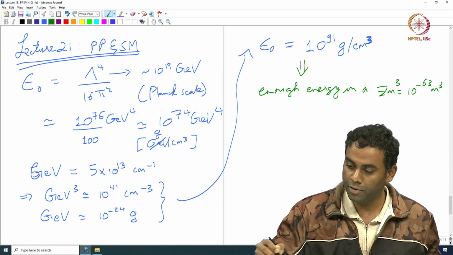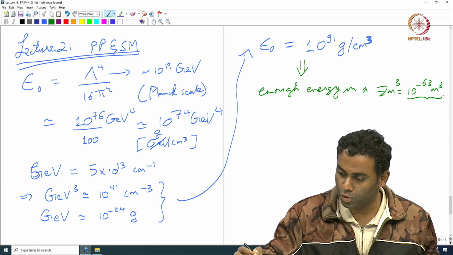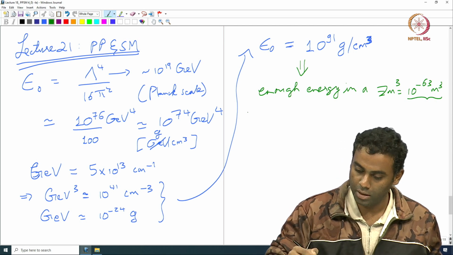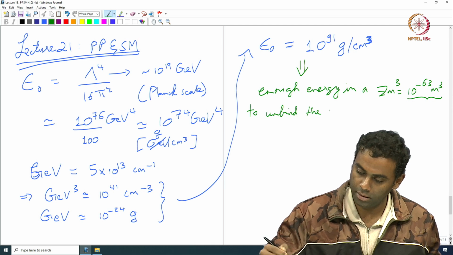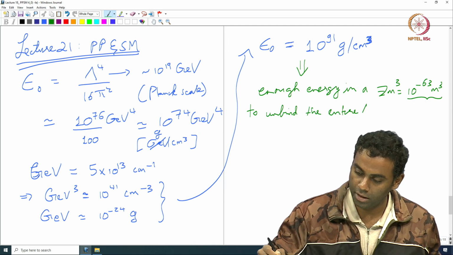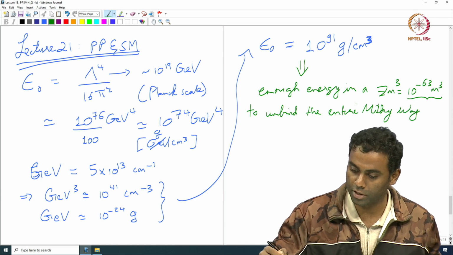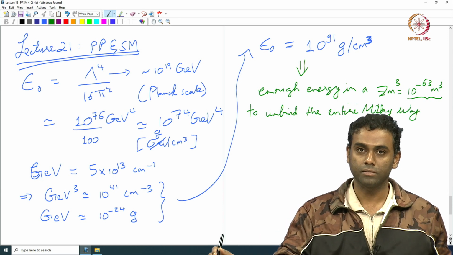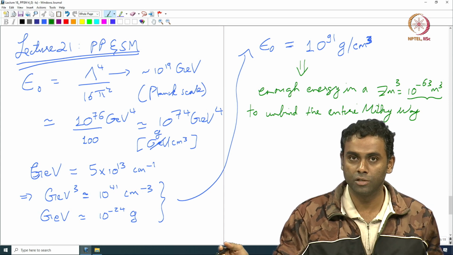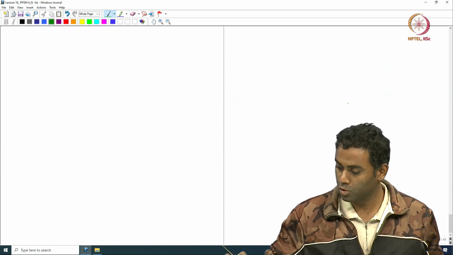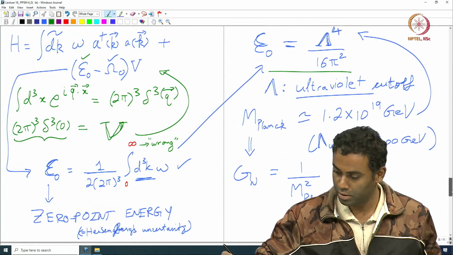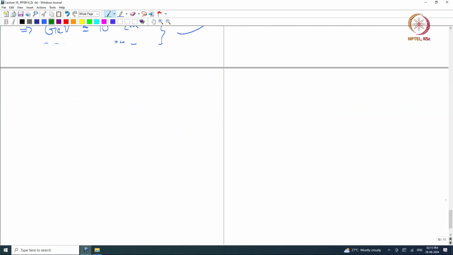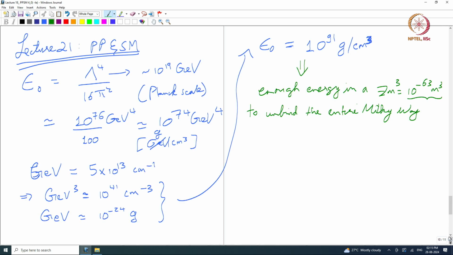Enough energy in a volume of space that is so tiny to basically unbind what? The entire Milky Way. Tremendous amounts of energy, correct. The binding energy of the Milky Way, you can go calculate this, is whatever, 10 power 50 something joules. You have enough energy within just a zeptometer cubed to unbind the entire Milky Way.